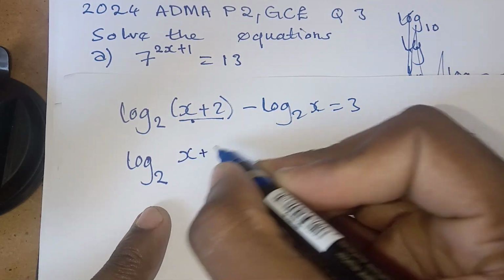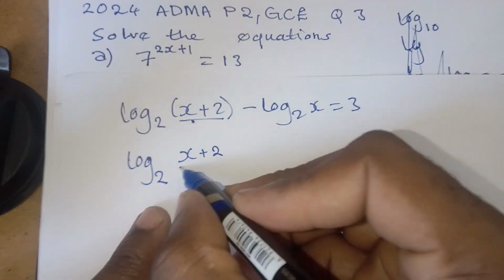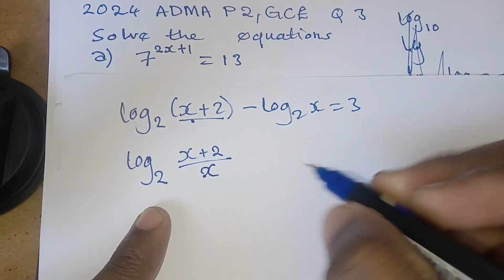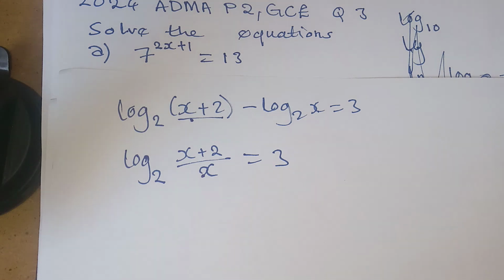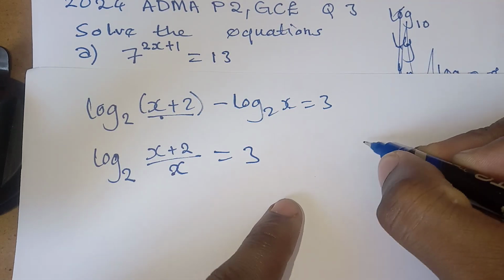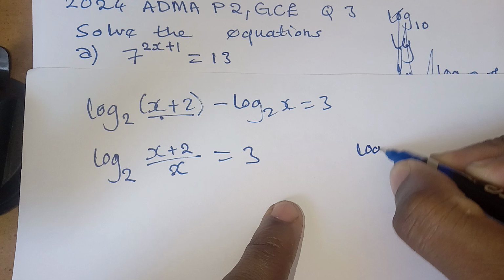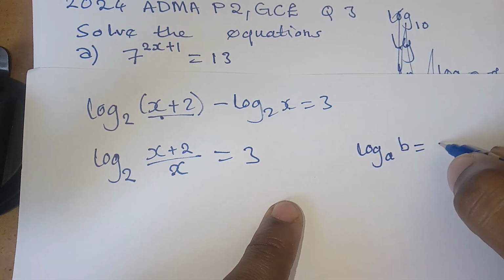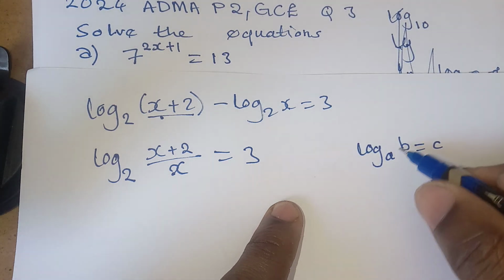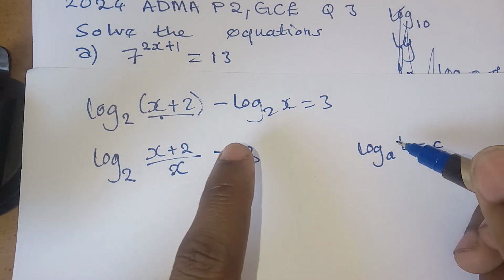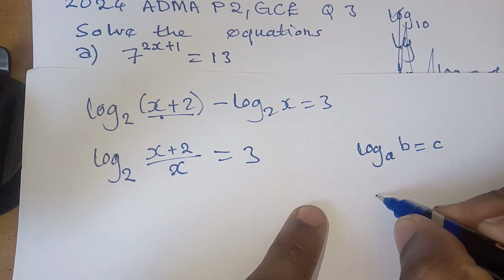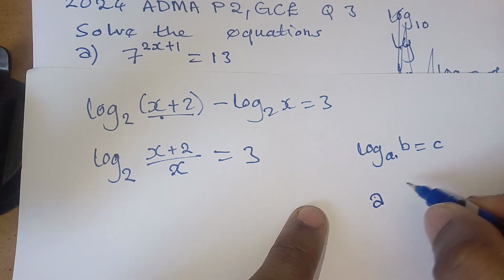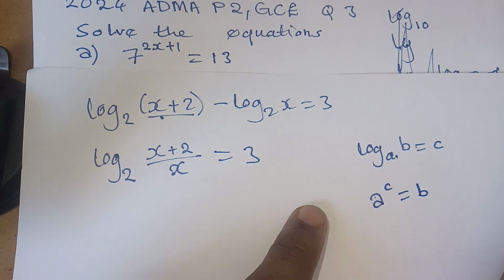So I can say 2x plus 2 divided by x, and then everything is equal to 3. And then at this point, by interpretation, we know that when you have log a of b is equal to c, then you can convert this from log form to exponential form by saying a to the power c is equal to b.